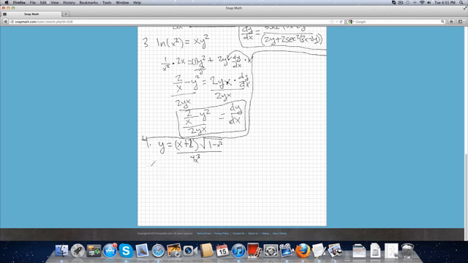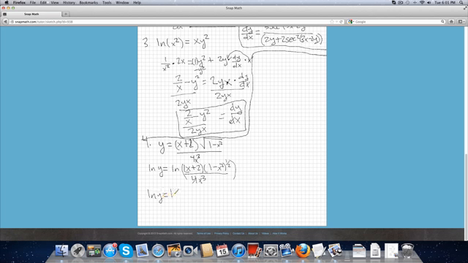So we take the log of both sides, so it's ln y, now natural log, then the log of this entire thing, x plus 2. I'm going to rewrite this as 1 minus x squared to the 1/2 over 4x cubed. And then we're going to use our log rules.